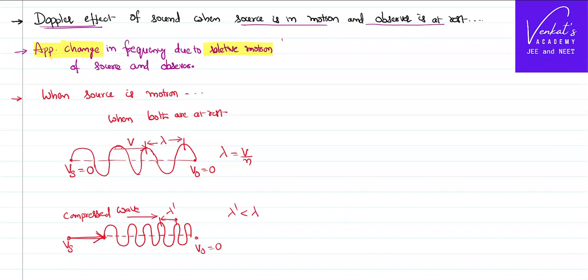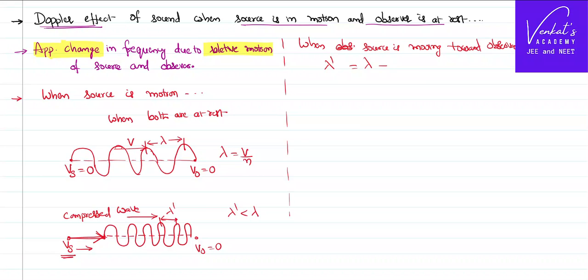So what is the new wavelength in this case when the source is moving towards the observer? The new wavelength lambda dash is the original wavelength minus the wavelength reduction happened because of the velocity of the source. We know the formula V equal to n lambda, lambda equal to V by n.